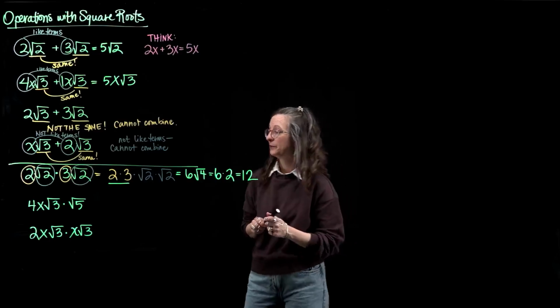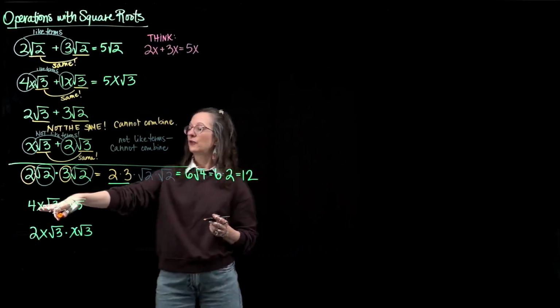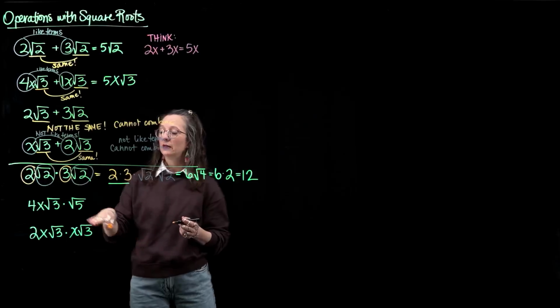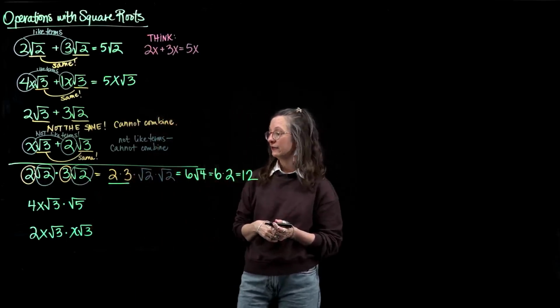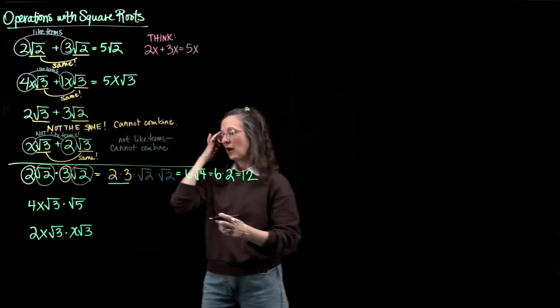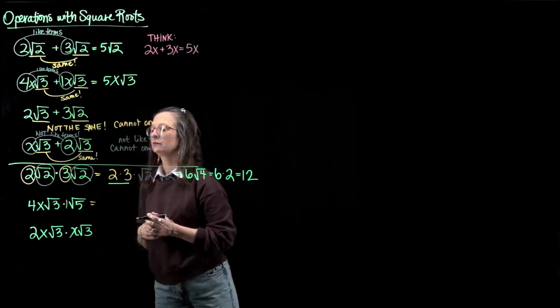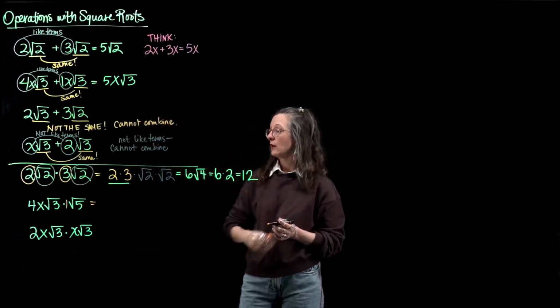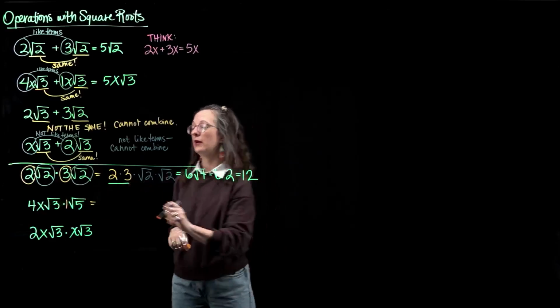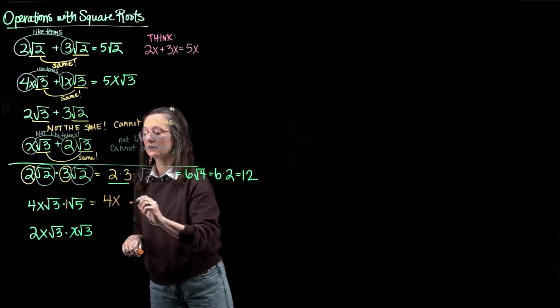Let's look at another one. Here I have 4x square root of 3 times square root of 5. All right. We have a 1 on the front. It's a sneaky one. Doesn't change anything. So I'd have 4x times 1 gives me 4x.